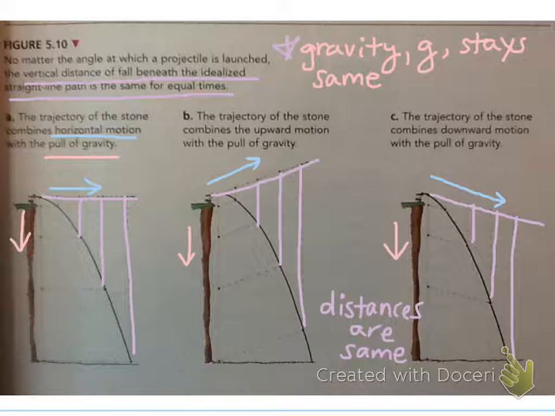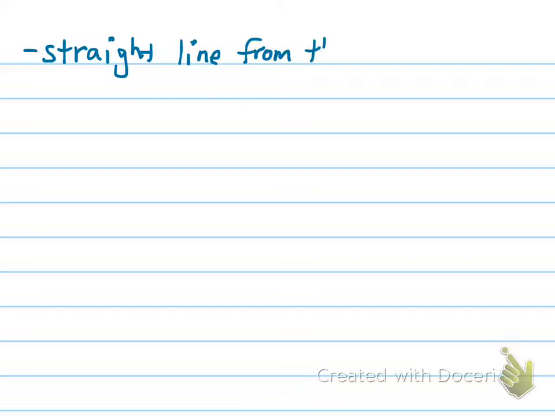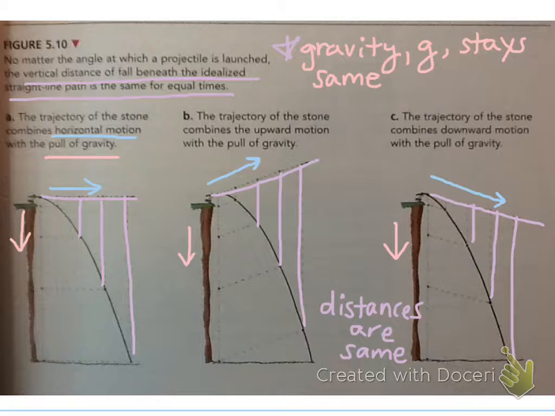Some notes to write about this figure: the straight line from the throw goes back to what we learned in Unit 1 about the law of inertia. That purple line, this ideal path that the projectile would take if there was no gravity, that's the law of inertia. An object in motion stays in motion.